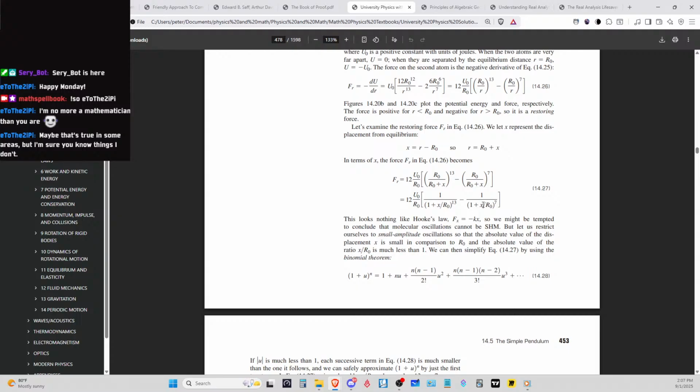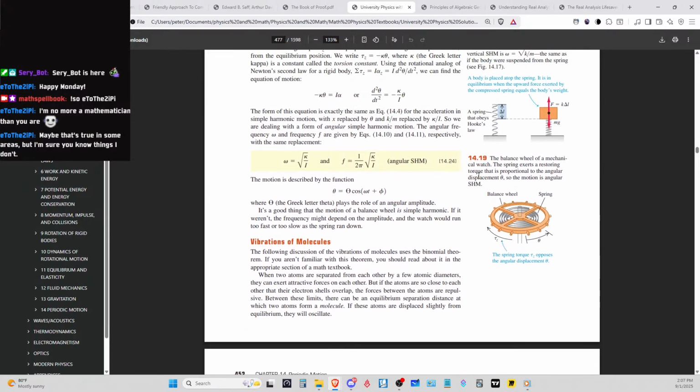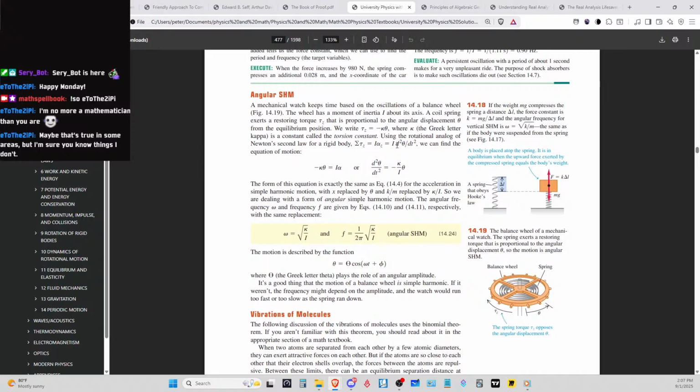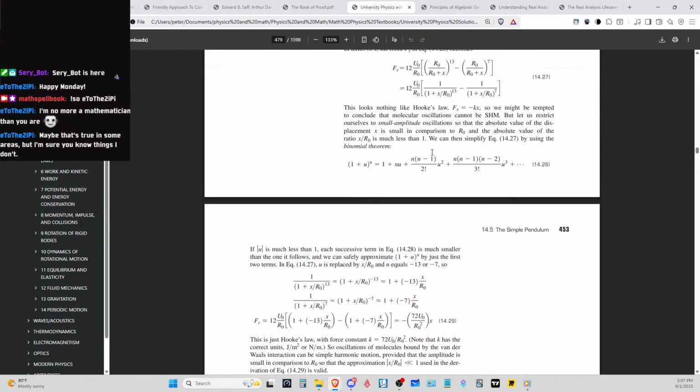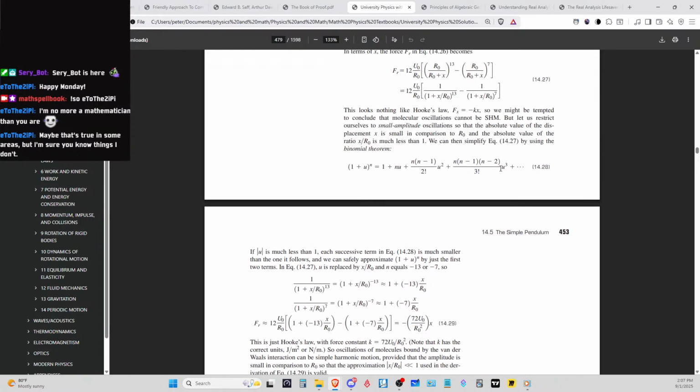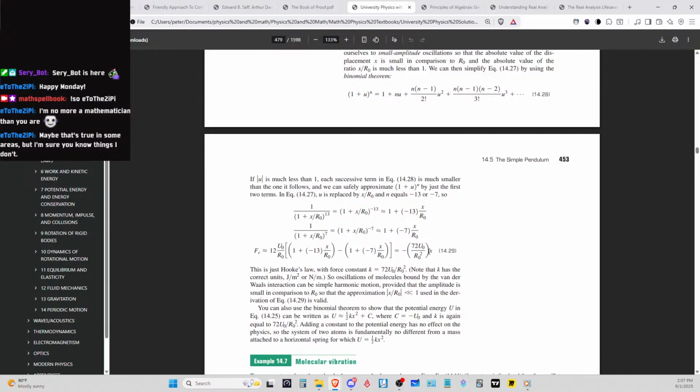The interesting thing is that in this part, when they're trying to make it fit with the simple harmonic motion, well, Hooke's law, actually, the way they break it down is basically using the binomial theorem, which I thought was really cool.